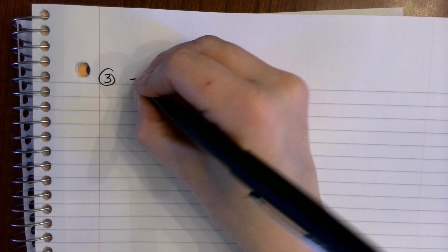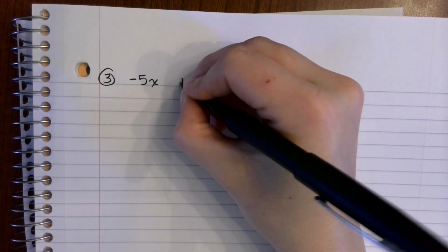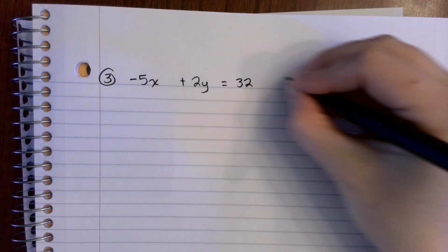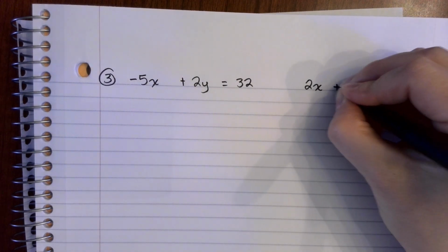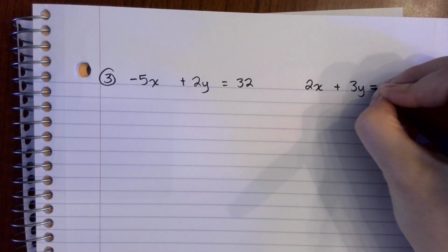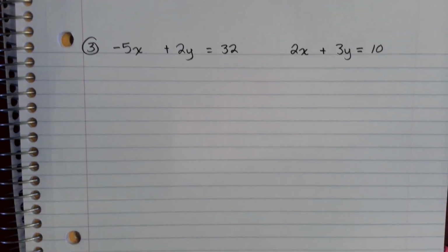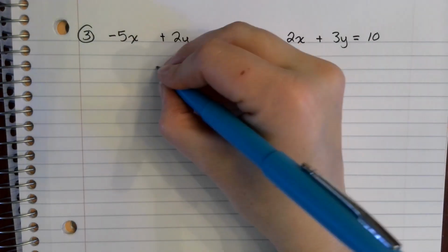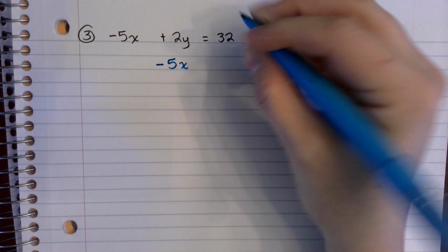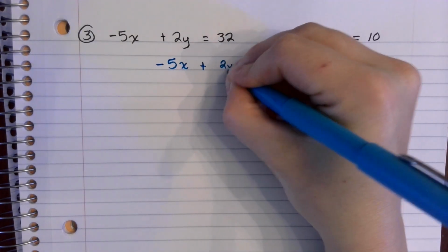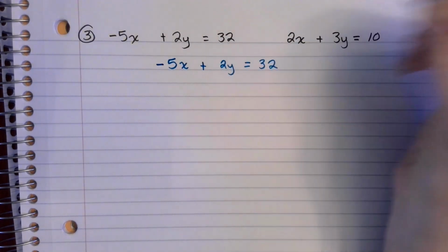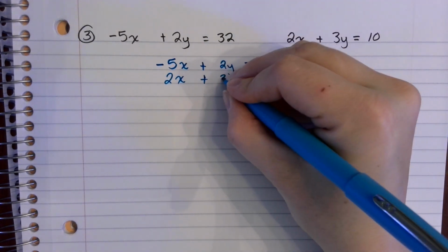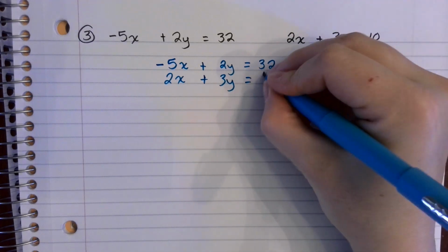We've got negative 5x plus 2y is equal to 32, and 2x plus 3y is equal to 10. Step 1, align them. Negative 5x plus 2y equals 32. 2x plus 3y is equal to 10.